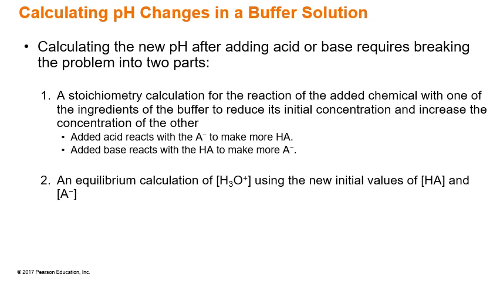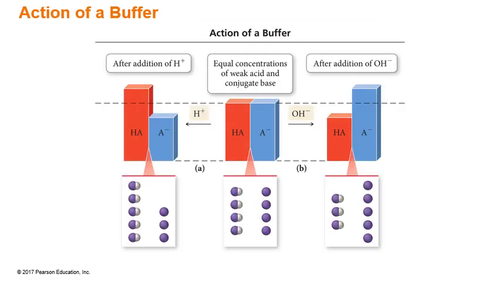And then we have to do an equilibrium calculation using those new values for the HA and the A- after the reaction occurs. One way to look at it pictorially is we're starting with HA and A-, in the middle of this picture, and depending on whether we're adding acid or base, that changes.